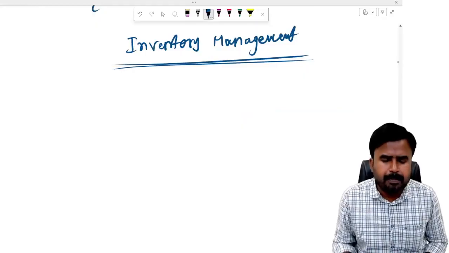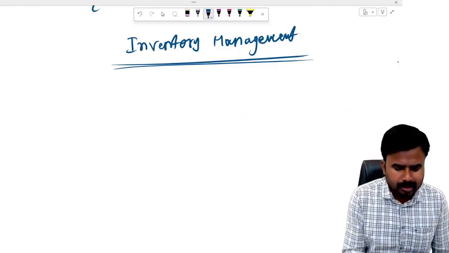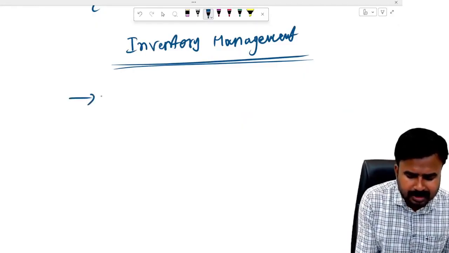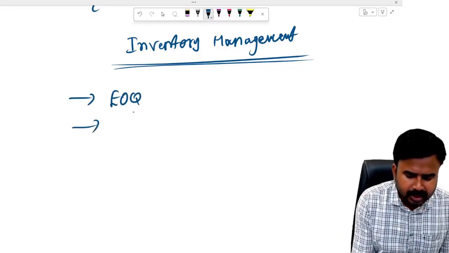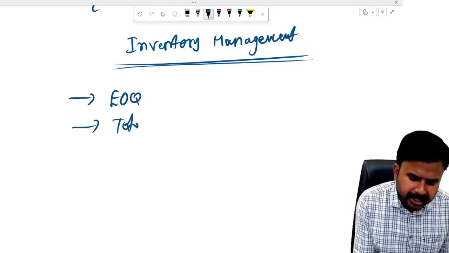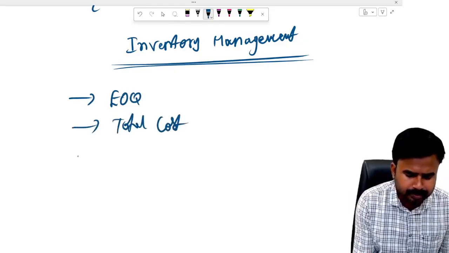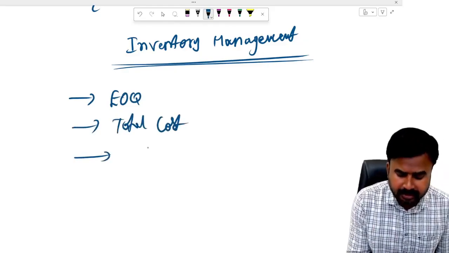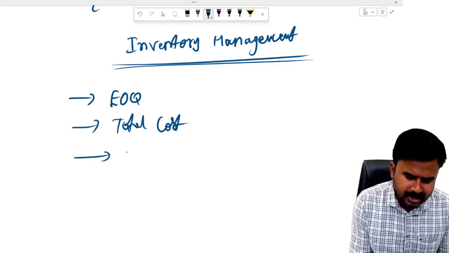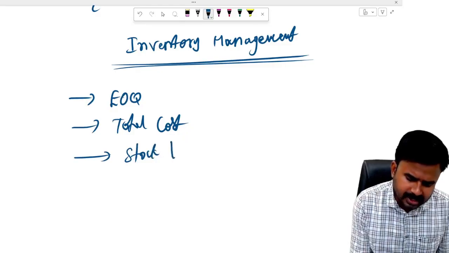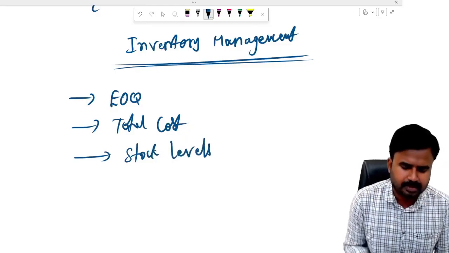The important areas that I'm going to deal in this particular concept are EOQ, economic order quantity, and total cost computation at EOQ. Third one, stock levels, fixing the stock levels, various stock levels.